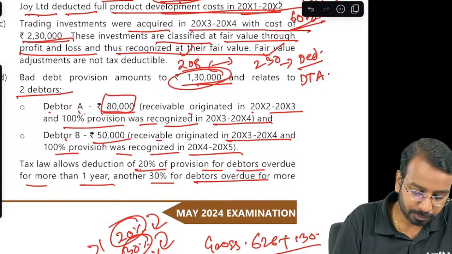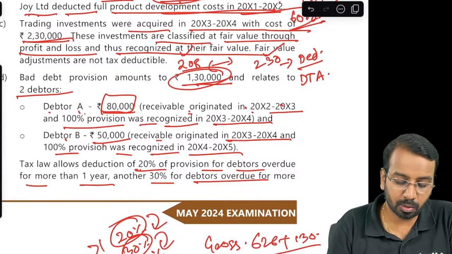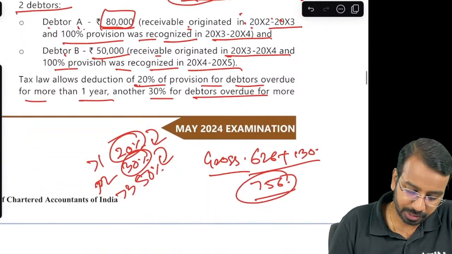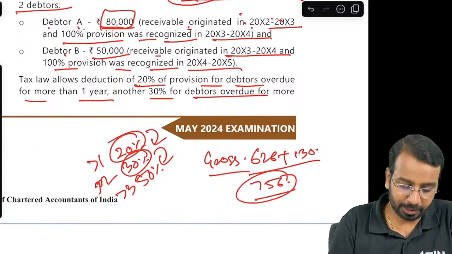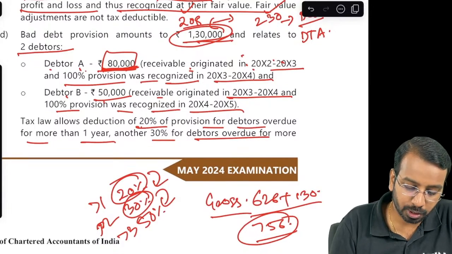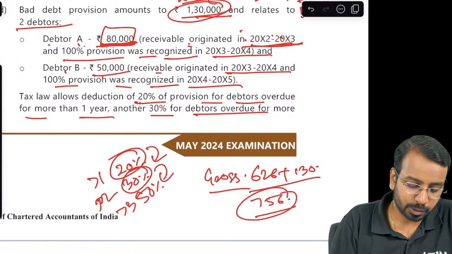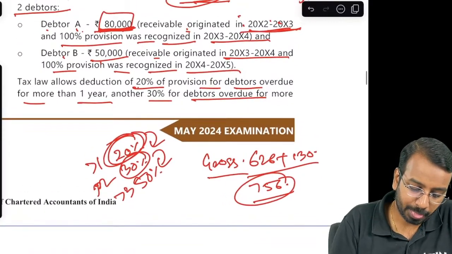debtor A 80,000. Receivable originated in year 2, year 3. Okay. Receivable originated in year 2, year 3 means whatever you make provision, 80,000 is the debtor. 80,000 originated in year 2, year 3. 1 year when it passes by, you can claim 20%.